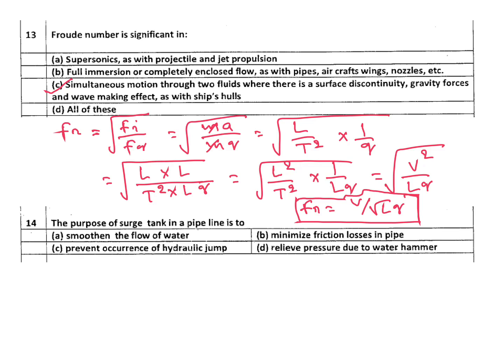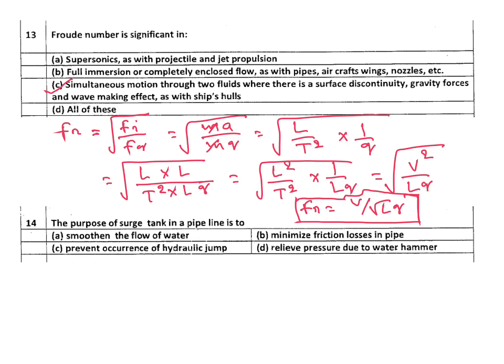Next question. The purpose of surge tank in a pipeline is to: smoothen the flow of water, minimize the friction losses in pipe, prevent occurrence of hydraulic jump, or relieve pressure due to water hammer. It relieves pressure due to water hammer.